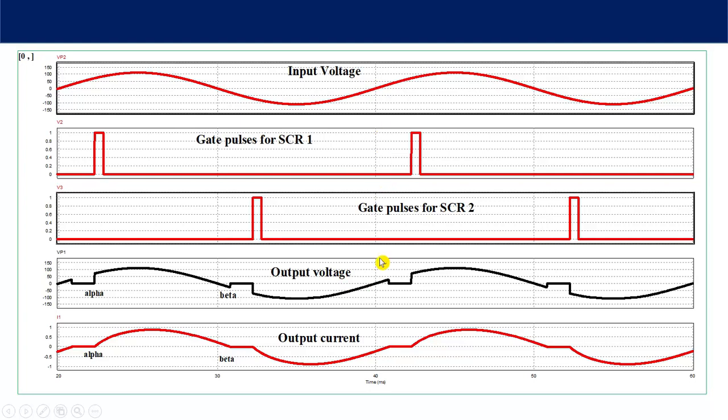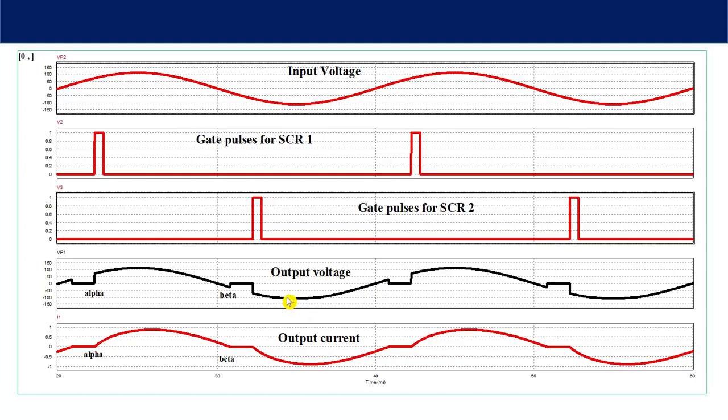Here you can see this is the point 2 pi. So after this also you are getting this output voltage because the thyristor is still conducting, and thyristor number 2 is off at this point. This point is your 2 pi plus beta. So thyristor number 1 is off at beta and 2 is off at 2 pi plus beta.